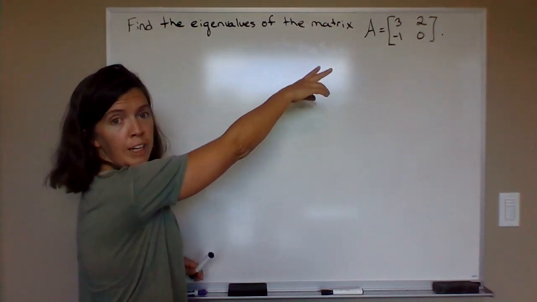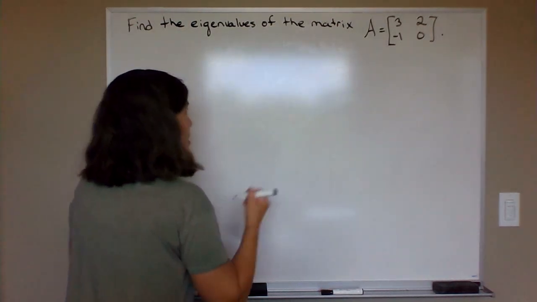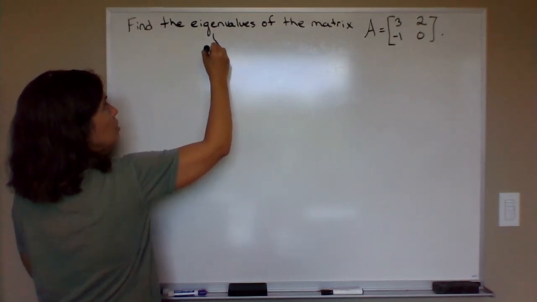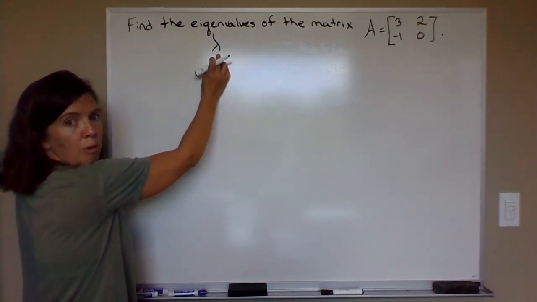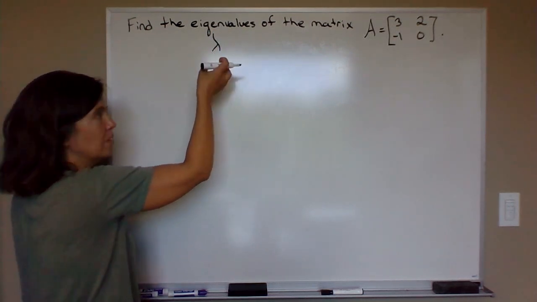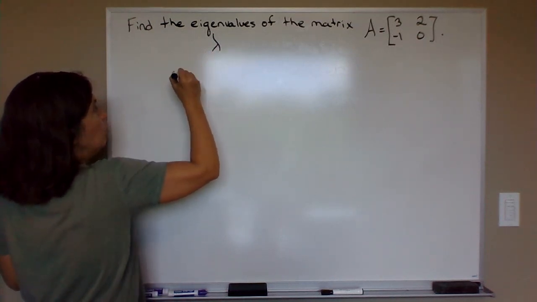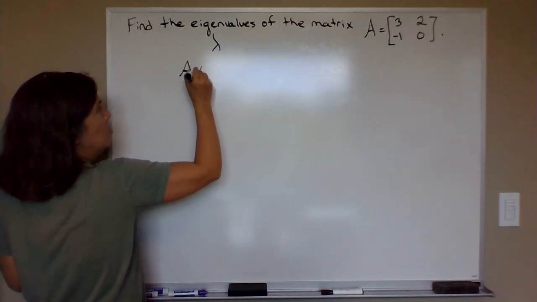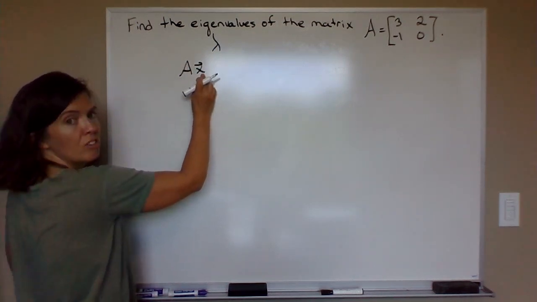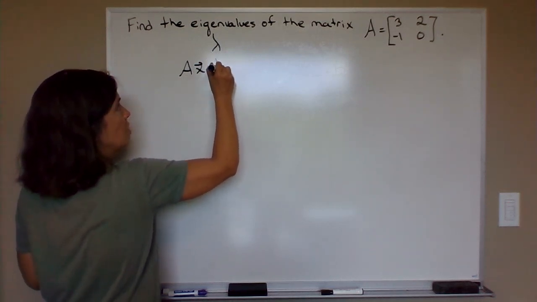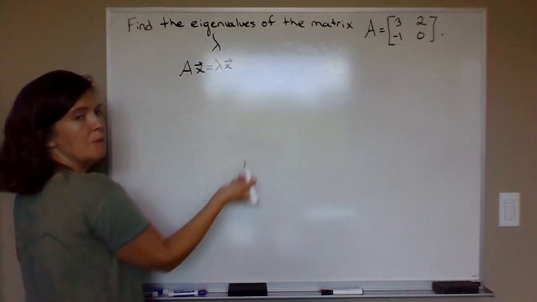Okay, so first of all, finding eigenvalues in this section. Remember, an eigenvalue of a matrix is a number, and we usually use lambda to denote the eigenvalue. It's a number where we have a non-zero vector x such that the matrix A times x is equal to the scalar multiple lambda times x.